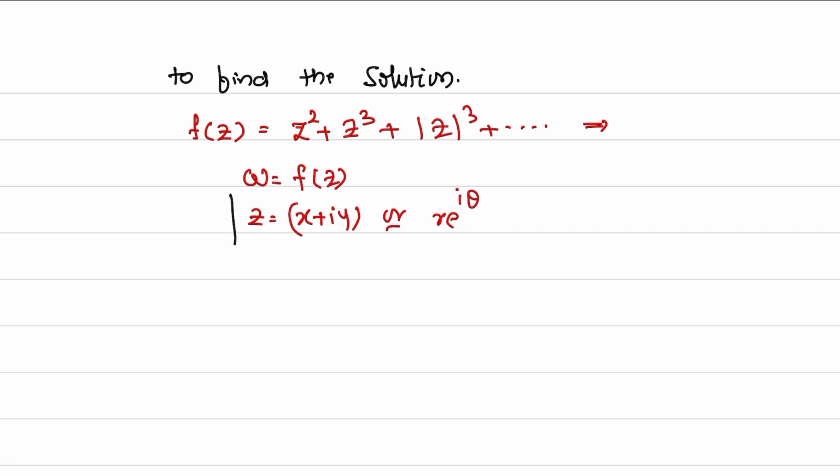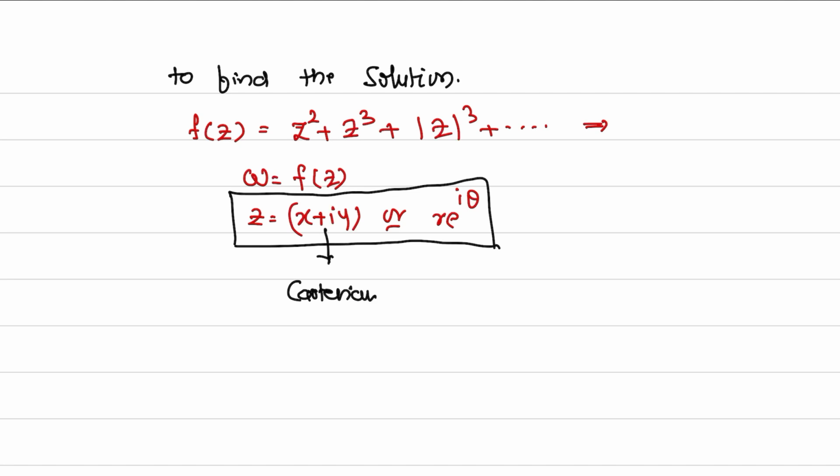I told you either of them you can use. This is Cartesian. This is polar. You use both the Cartesian system and the polar system and try to get the solution. Whichever gives the fastest solution to you, you practice it more as per your convenience and try to solve the questions in the examination.